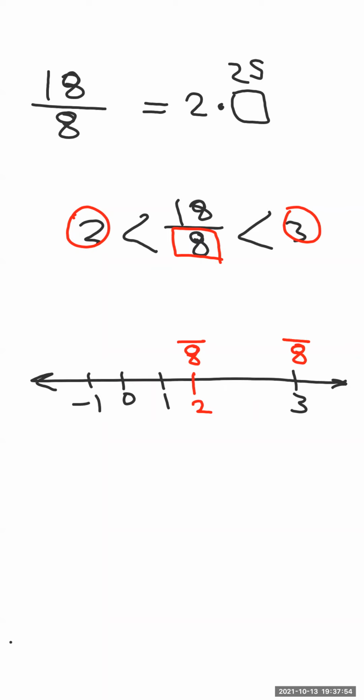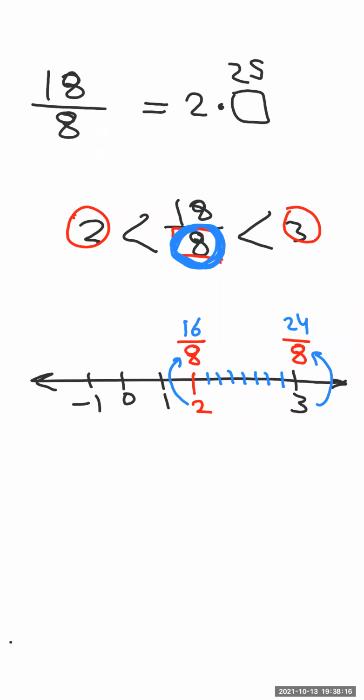How to get the numerator? 2 times 8 is 16. Here, 3 times 8 equals 24. Now divide the distance between the two numbers into 8 equal parts. So 1, 2, 3, 4, 5, 6, 7, and the last one is 8.